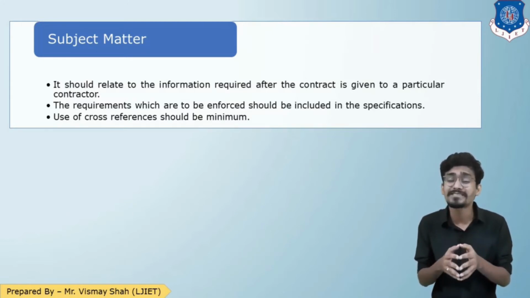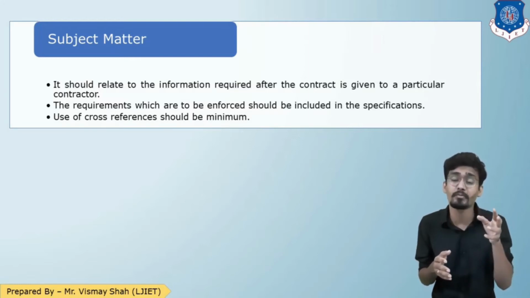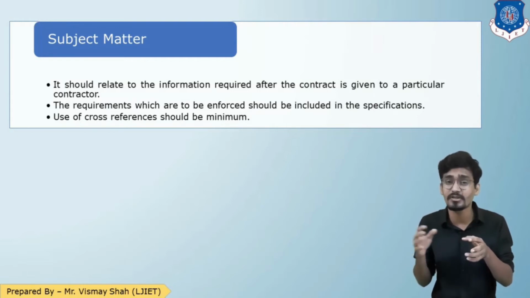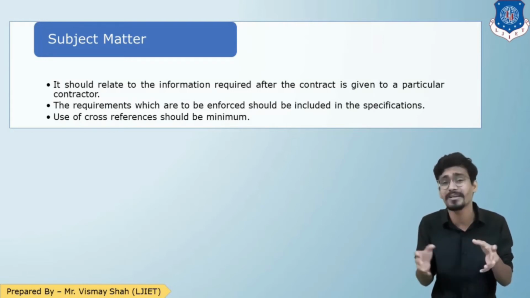Use of cross references should be minimum. If you are in a government project, don't try to give cross references that refer to point number 1.1.1 or refer to the Indian Contract Act section 2A subclause 5B and so on.